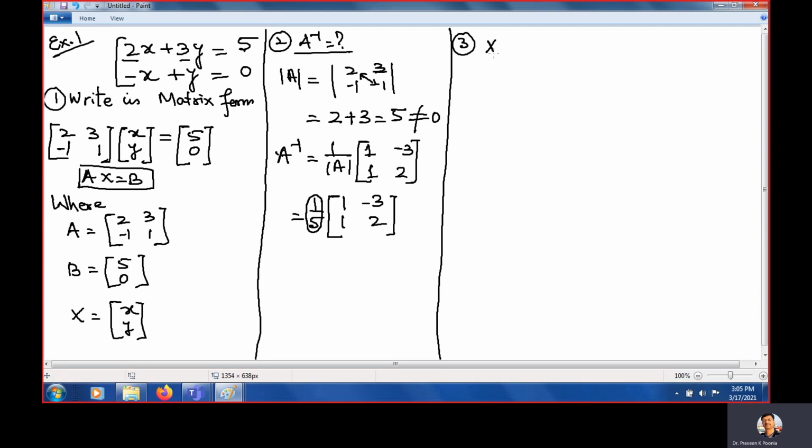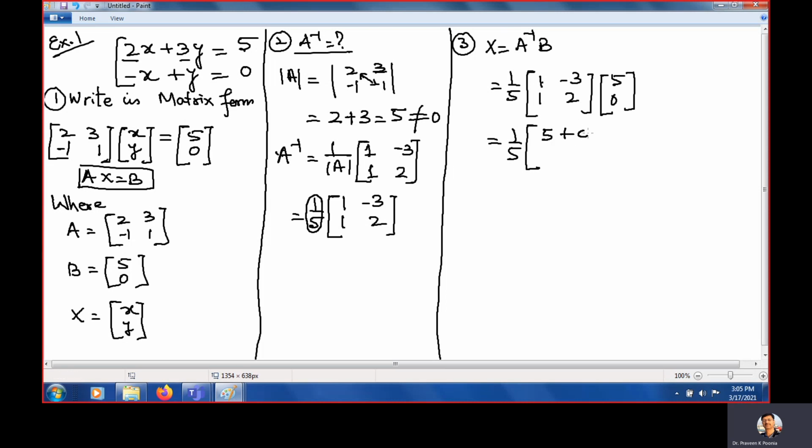And step 3 is X equals to A inverse B. For the value of A inverse, it is 1 upon 5, 1 minus 3, 1, 2, and 5, 0. So 1 by 5, 5 into 1, 5, plus minus 3 into 0, 0. 5 into 1, 5, 2 into 0 is 0.